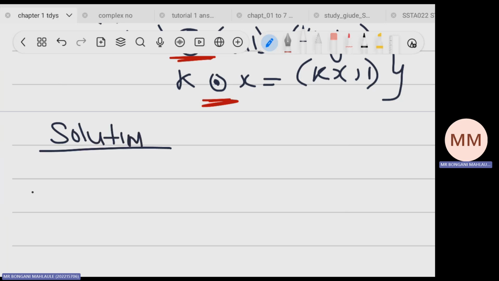you can say let u, v be elements of V, right?